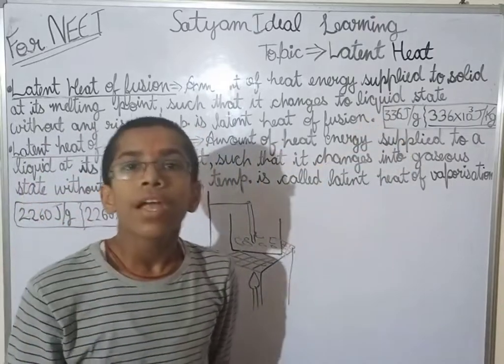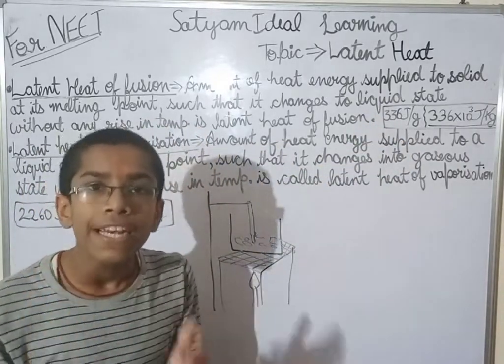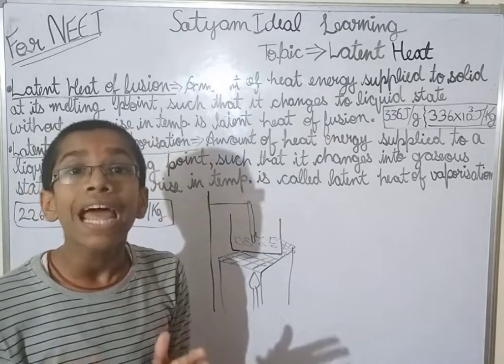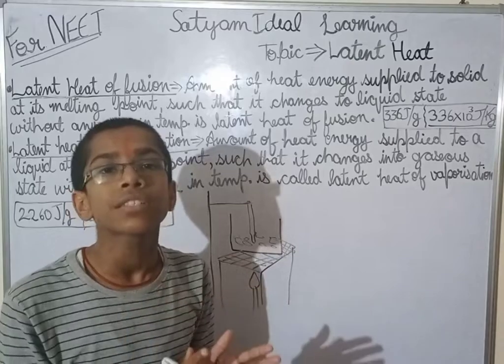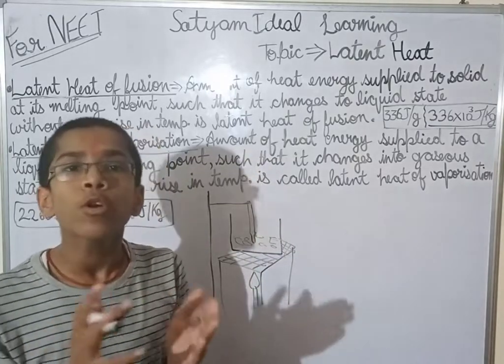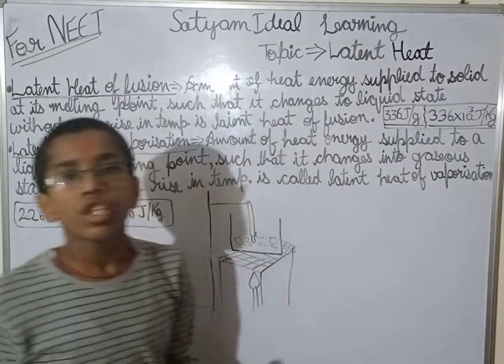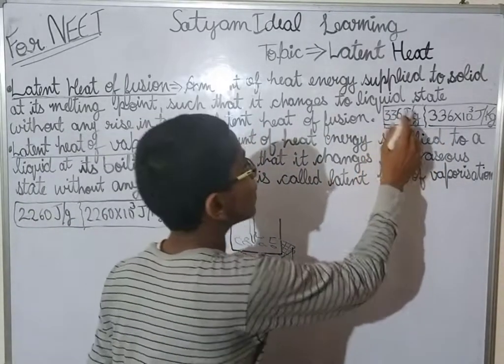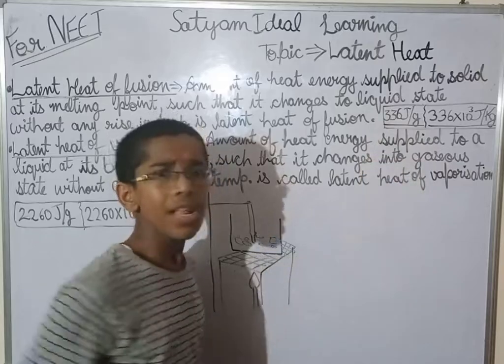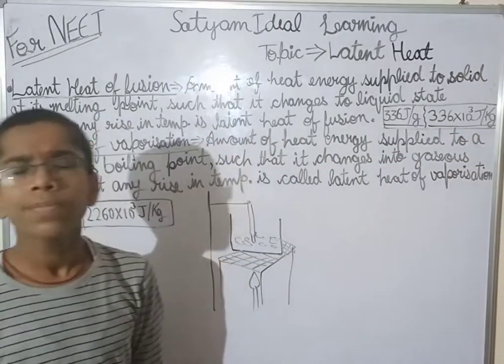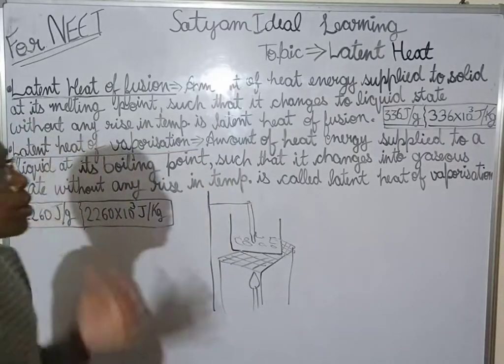And when we say the amount of heat energy required to change 1 gram of ice at 0 degrees Celsius into water at 0 degrees Celsius, then this numbering will come, 336 joule per gram. You have to remember this numbering only, and when it comes into kg, then you have to multiply it with 1000 only.